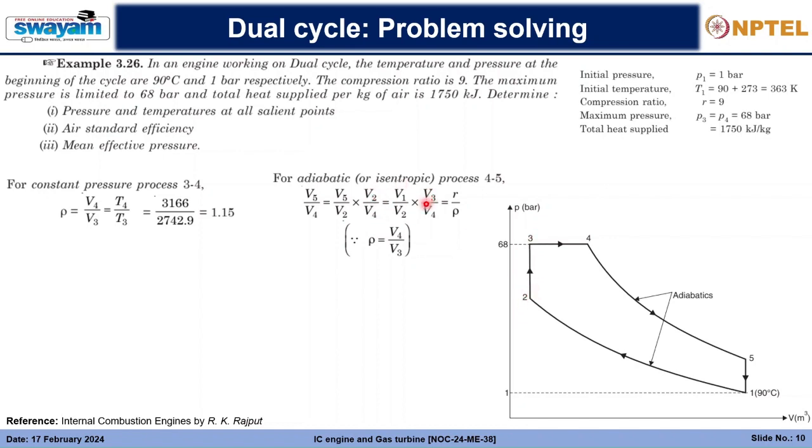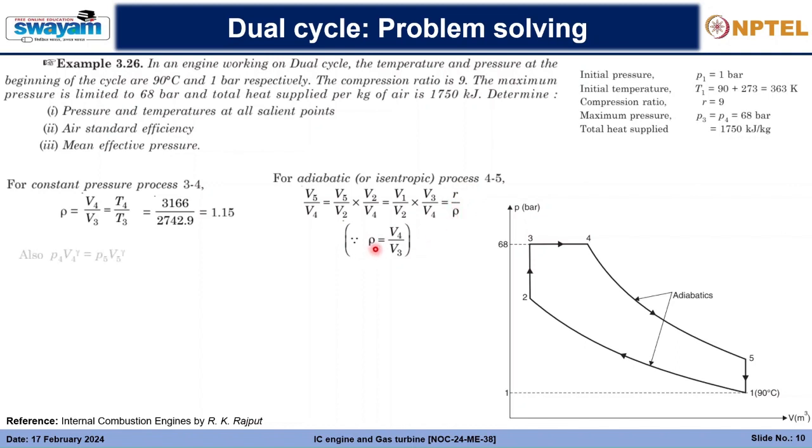Now we know these ratios: V1 by V2 is simply the compression ratio, r, and V3 by V4 is the inverse of the cutoff ratio V4 by V3. Accordingly, we find the expansion ratio is related to the compression ratio and the cutoff ratio like this.